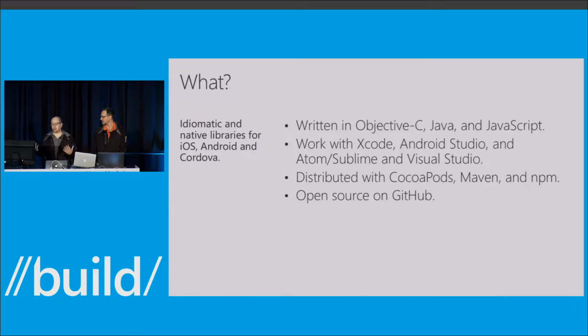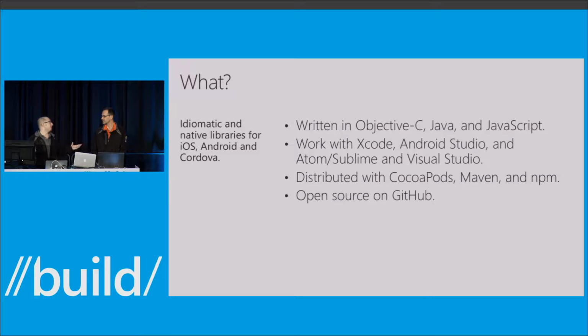Of course, they're written in Objective-C for iOS and Java for Android. But not only that, they work in Xcode. That's where we've done all our development, where we've done all our testing.